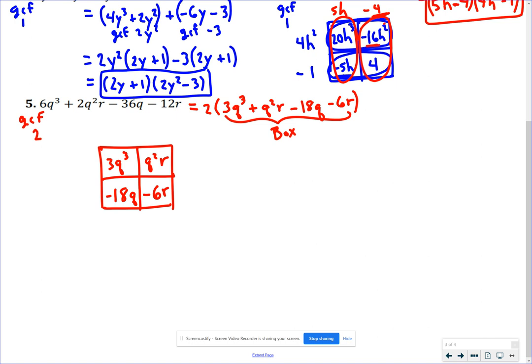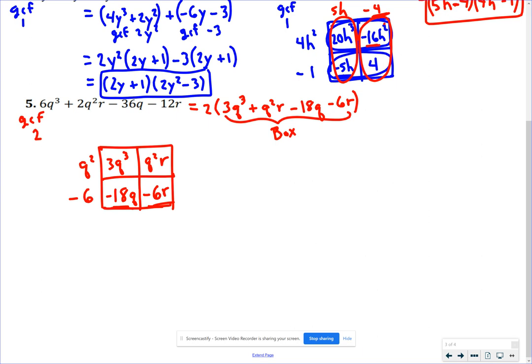Okay, now I look for the GCF of each row and column. So top row, GCF is going to be a q squared. 3q to the third and q squared r both have a factor of q squared. Bottom row, this negative 18q and this negative 6r. The negative 18 says I need a negative out here. 18 and 6 are both divisible by 6.